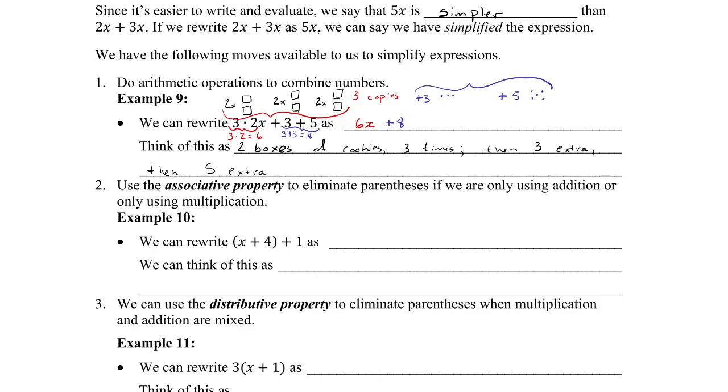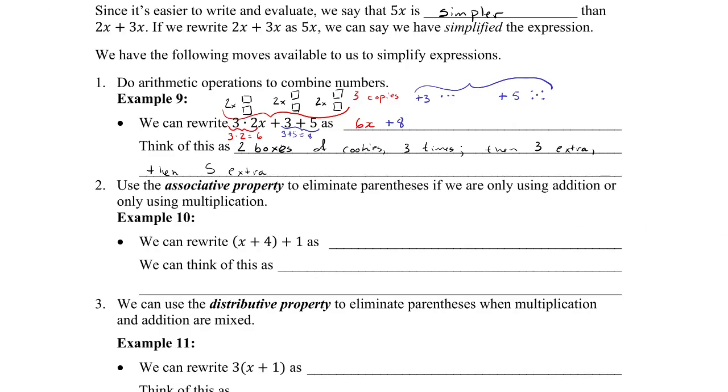The second tool we have at our disposal is what's called the associative property. The associative property applies if our only operation is addition or if our only operation is multiplication. If we're mixing addition and multiplication, we have to be more careful.